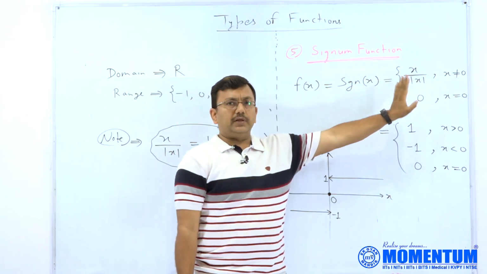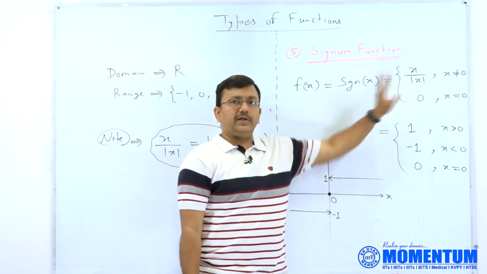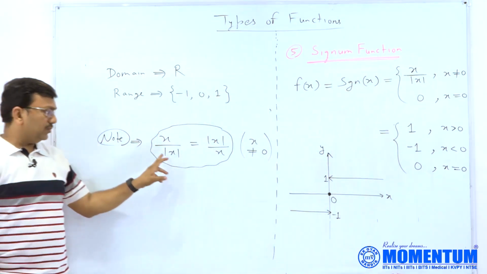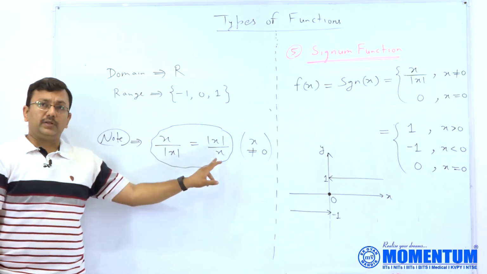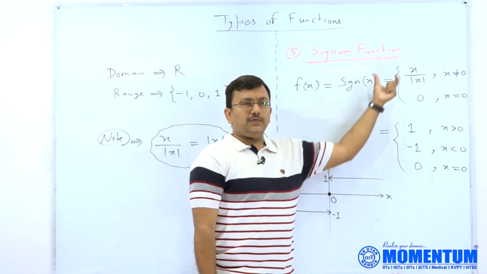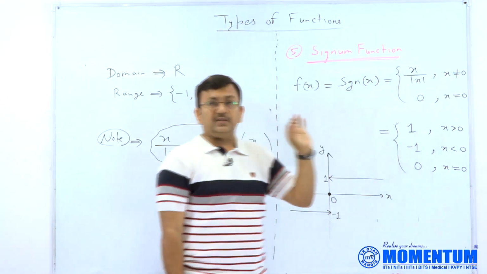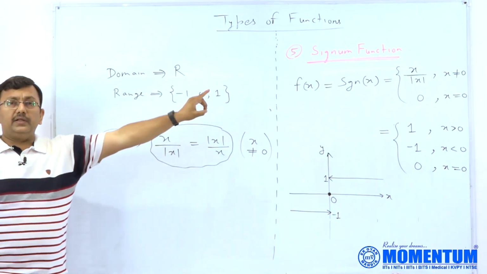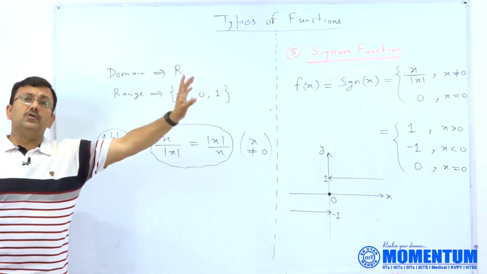If anywhere you get mod x upon x, remember both are the same, so don't be confused. x upon mod x is the same as mod x upon x. So for the definition of signum, if you get mod x upon x, that is also correct. I have taken x upon mod x, but there mod x upon x will also work.